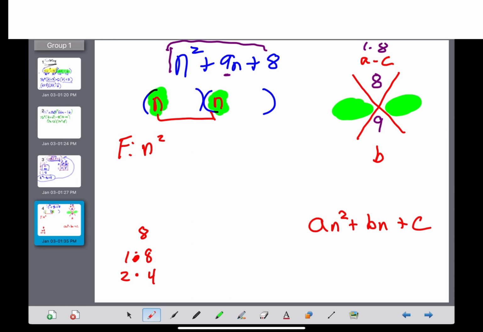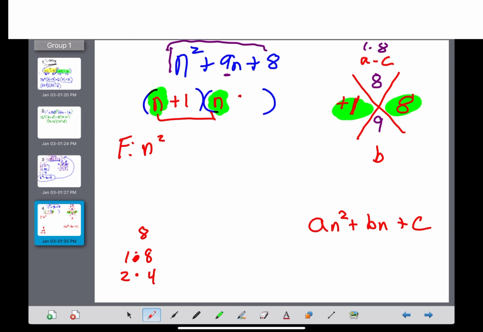1 and 8. So if I put a 1 here and an 8 there, I ask myself the question now, is 1 times 8, 8? Yes. Is 1 plus 8, 9? Yes. So since that's true, the first term is going to be n plus 1, because there's understood to be a plus sign there.